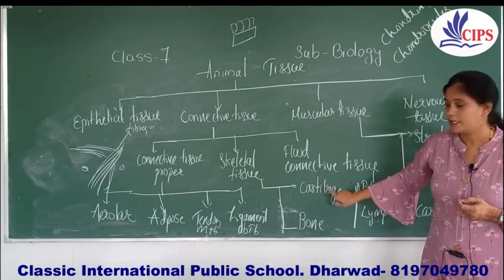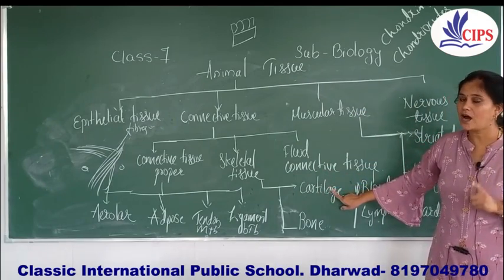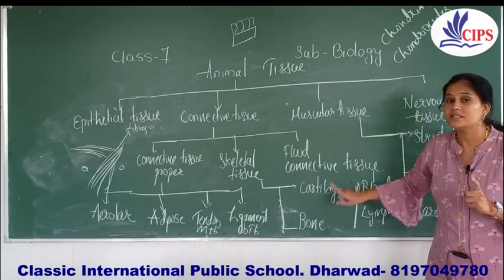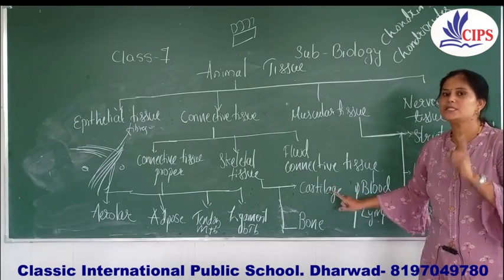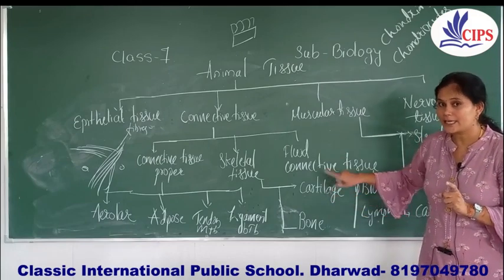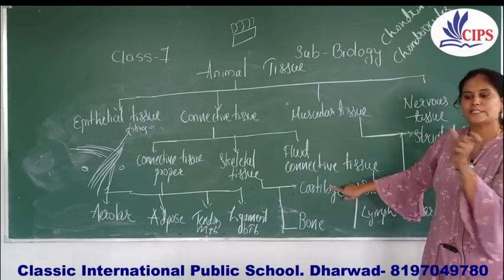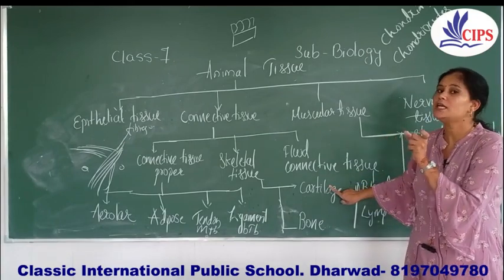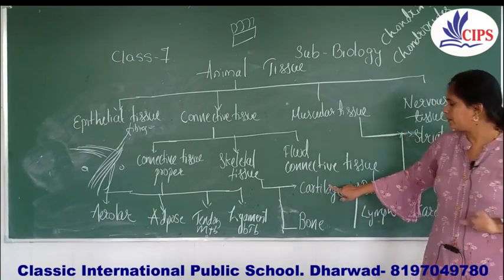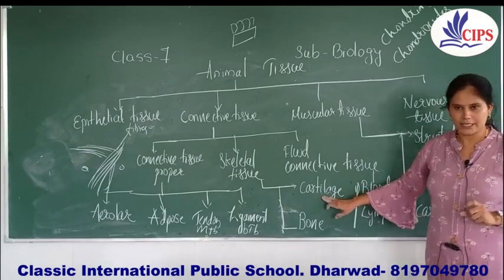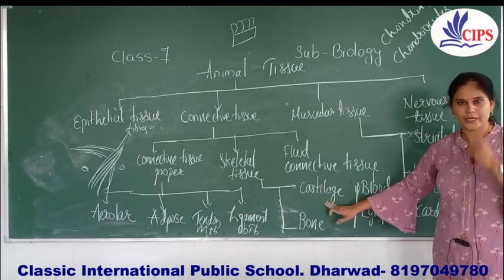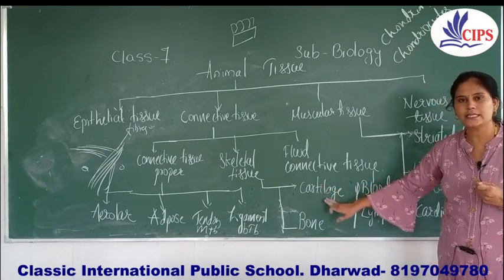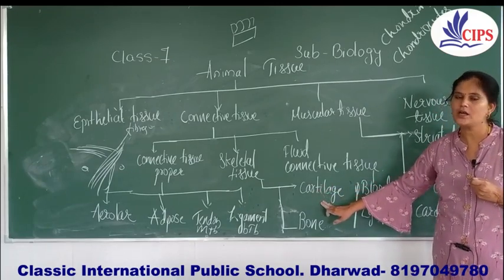tissue is present. Here the matrix is hard, but at the same time this matrix is filled by fluid-filled spaces with cells. That is the reason these fluid-filled spaces give the elasticity. Got my point? The cartilage has a solid matrix, it is firm, and at the same time it is elastic in nature.